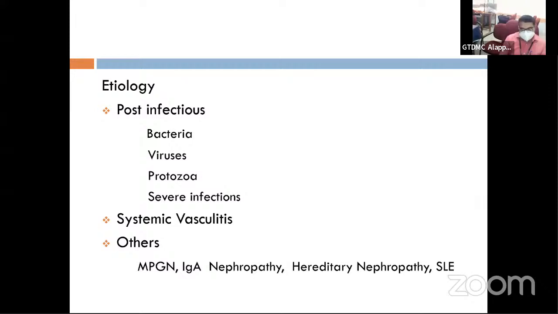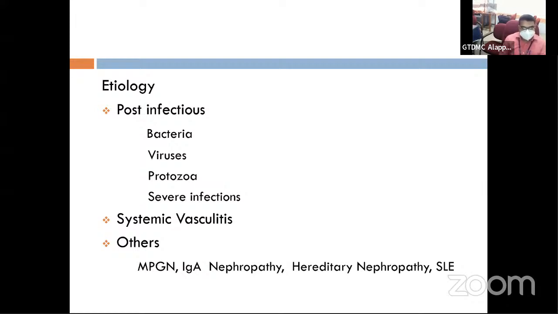It can also follow severe infections like shunt infections, usually infection of the ventriculoperitoneal shunt, infection of prosthetic valves, or even infective endocarditis. So these are the various etiologies for post-infectious glomerulonephritis.